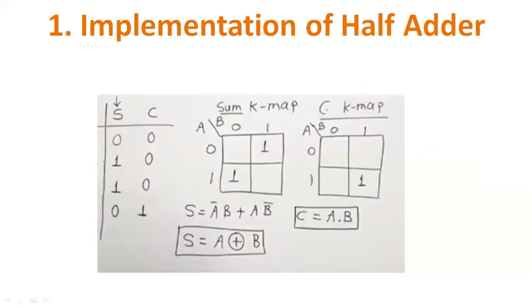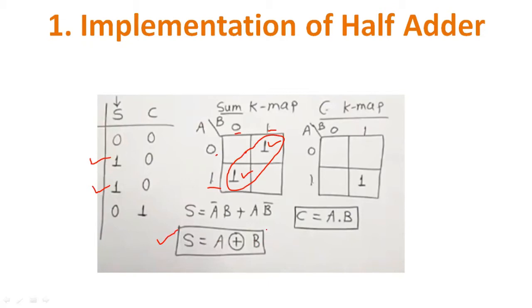So here for the second and third combinations, 0 1 and 1 0, we have written 1 in the cells of the K-map. If you form the groups, here we will have the diagonal group, and diagonal group is nothing but the XOR operation. So the equation will become S equal to A XOR B.